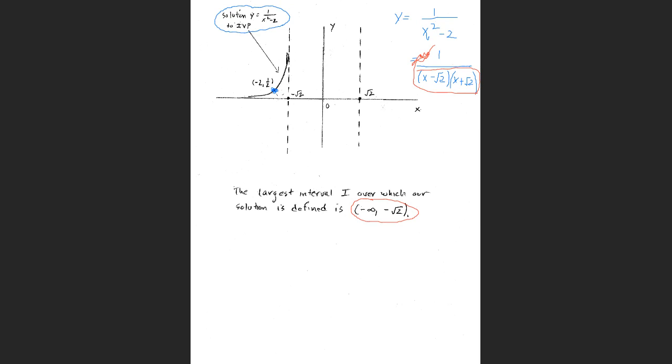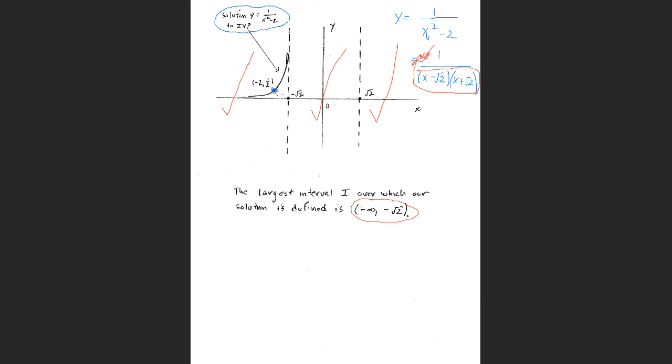And so when we draw the solution, the xy plane is broken up into 3 segments. Here's a segment when x is greater than root 2. Here's another partition, when x is between negative root 2 and root 2. And then here's another partition, when x is less than negative root 2.